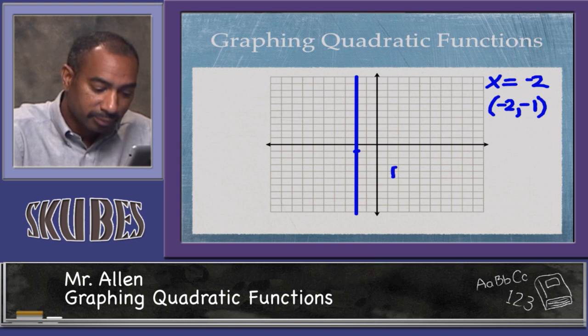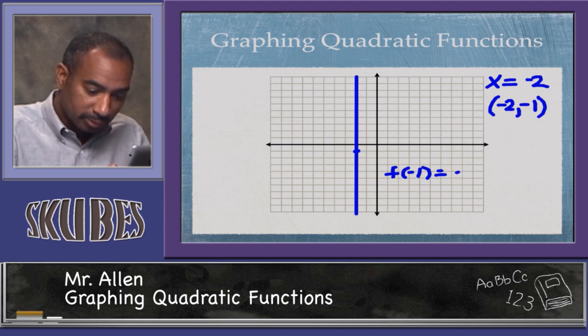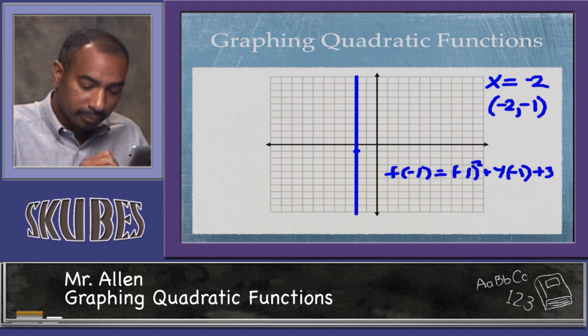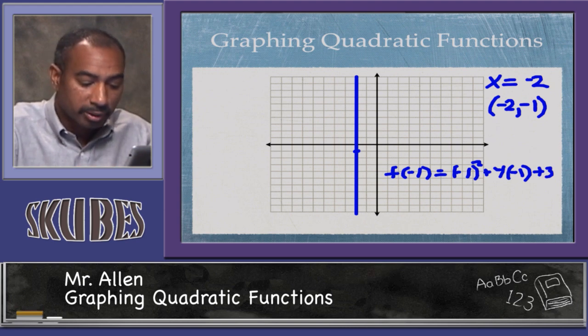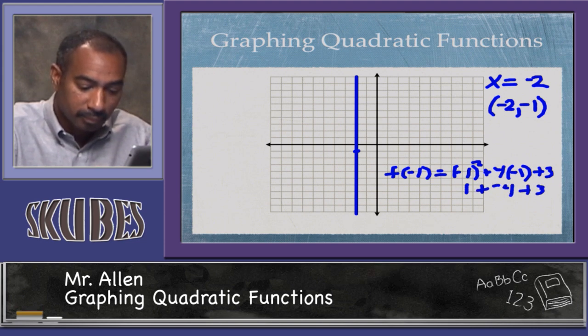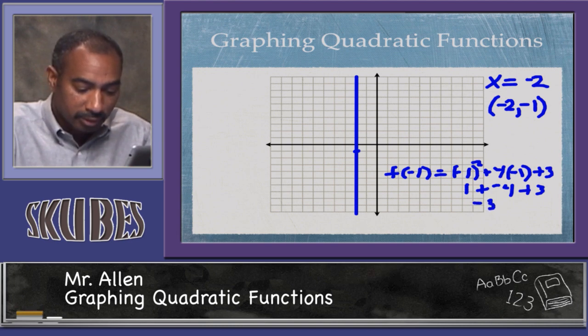When you have f of negative 1, that's going to be negative 1 squared plus 4 times negative 1 plus 3. So you know negative 1 squared is 1, and then you have plus negative 4 plus 3. So 1 plus negative 4 is negative 3, and negative 3 plus 3 is 0.